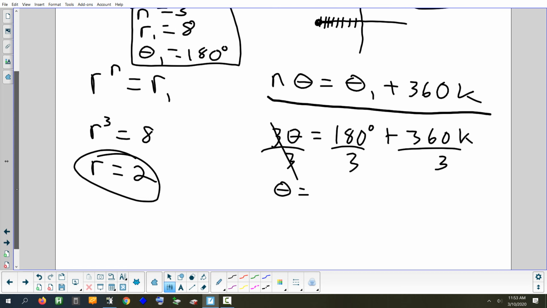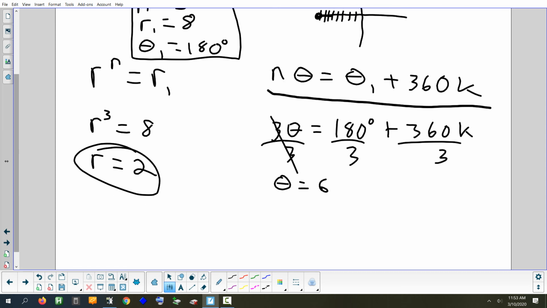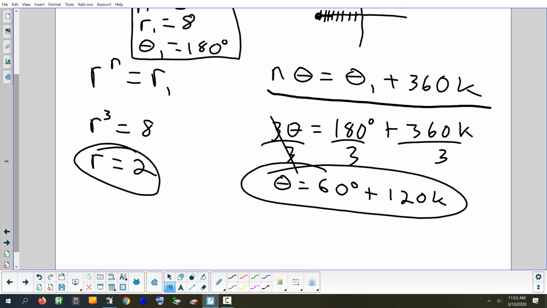What's 180 divided by 3? 60. And 360 divided by 3? 120. So there's your formula for your radius. There's your formula for how to find your angle. And what are we going to let k equal? One number at a time.